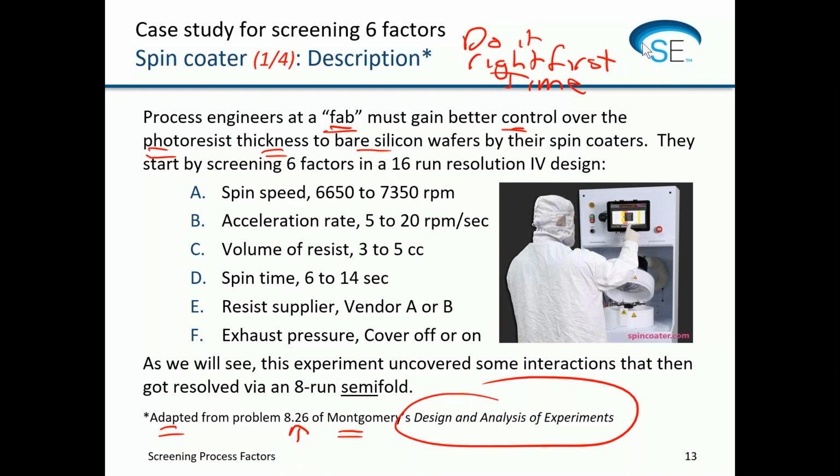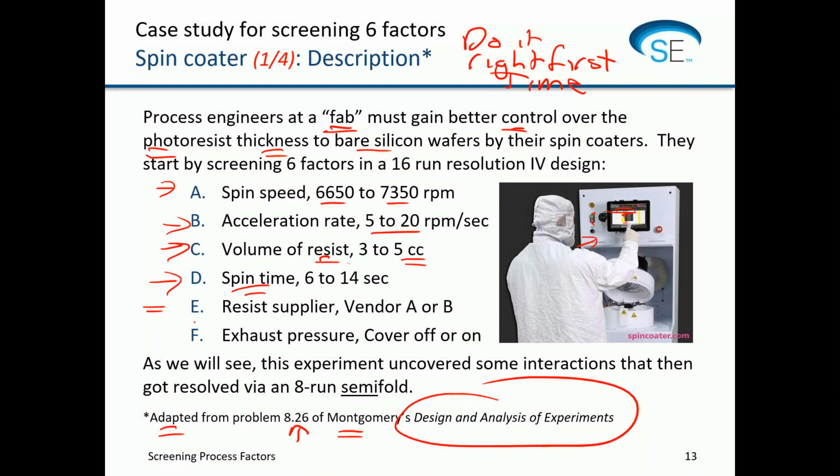Okay. So we have a nice little setup here, right? Because this is perfect. You can just press this button or press that button, adjust this little parameter on the control panel. And pretty soon we've got an experiment that should be pretty easy to do in a randomized plan on the spin coater, changing spin speed from one RPM to another, the acceleration of that spin speed, the volume of the resist that's being applied, in cc's, and how long you spin it for.